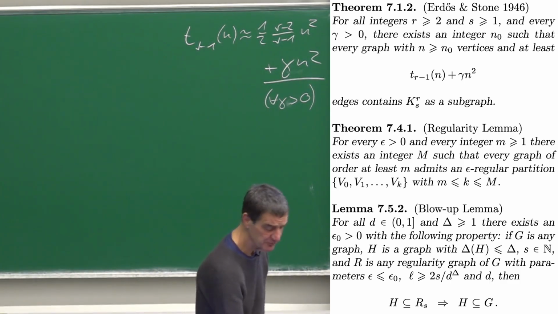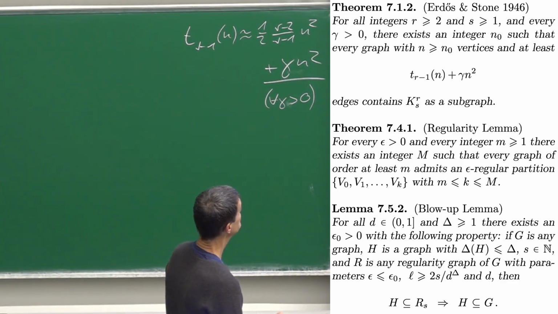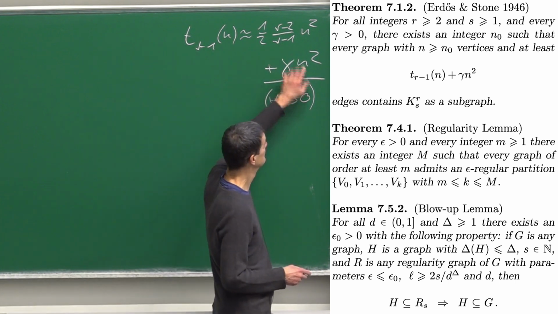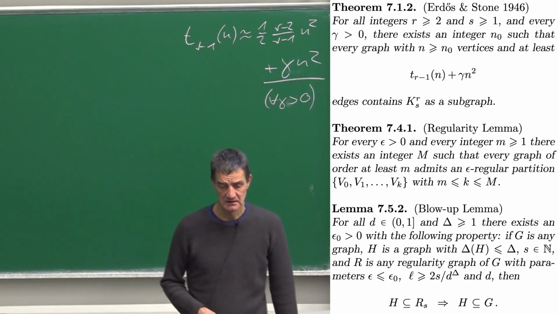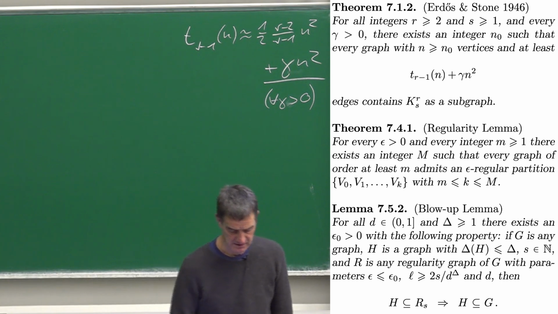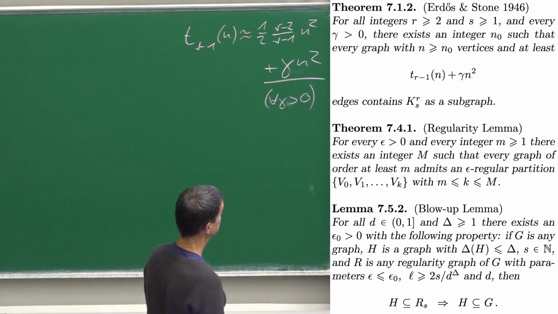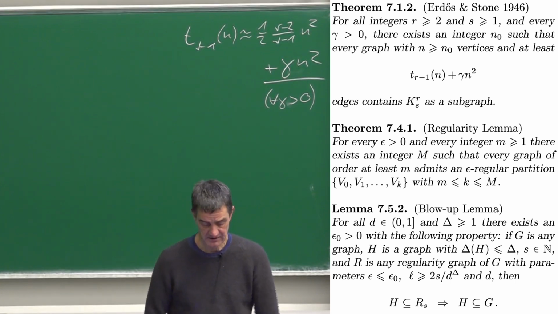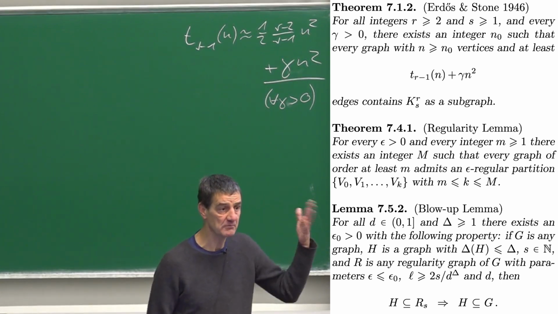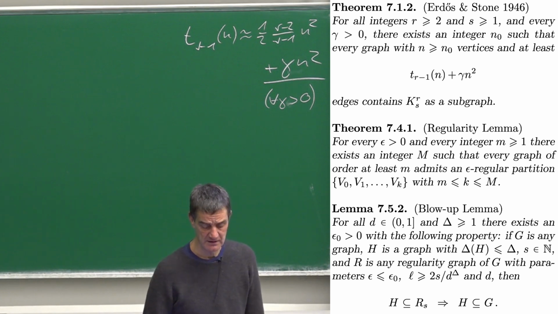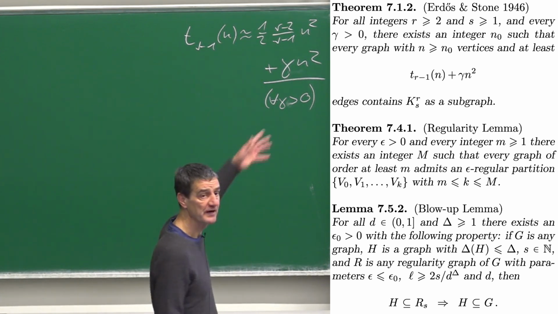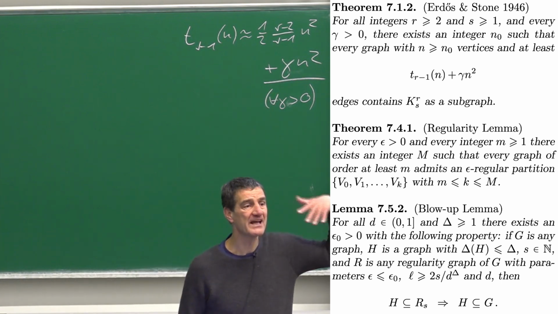So the proof strategy is to use the fact that we have lots of edges on G and deduce from that that we have lots of edges on the regularity graph R_d for some d that we can choose. And since R has many edges, we can find on R, so how many edges do we want on R?